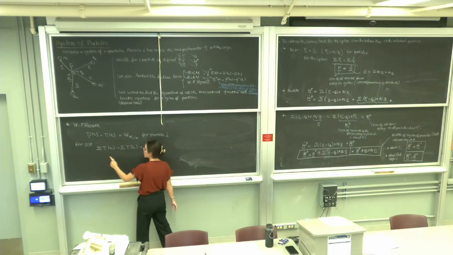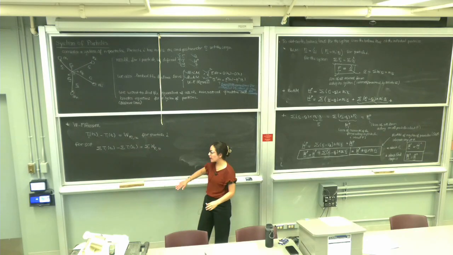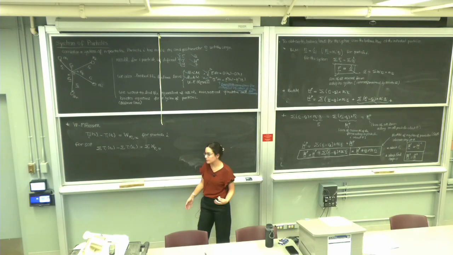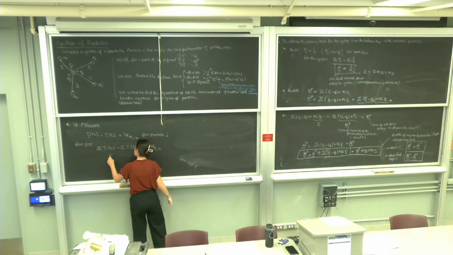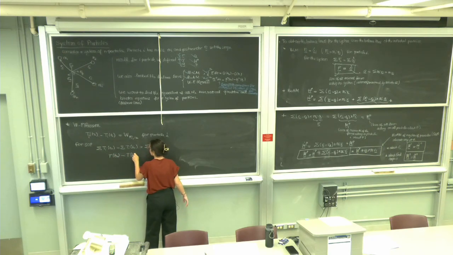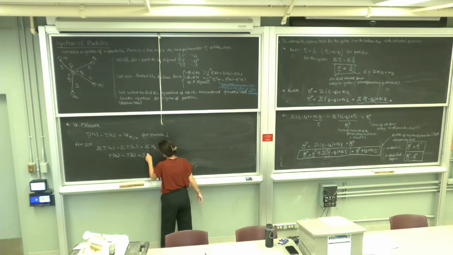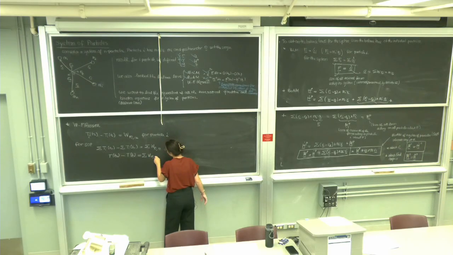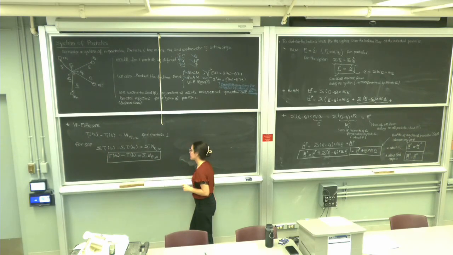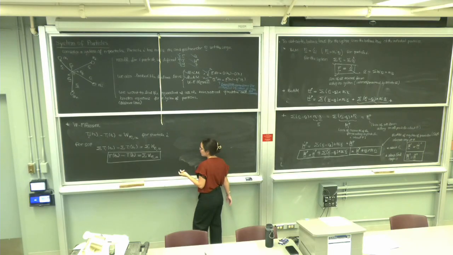And the sum of the kinetic energies, that's what we define to be the kinetic energy of the system. So the kinetic energy T at time T2 minus the kinetic energy T at time T1 is equal to the work of the forces Fi from 1 to 2.